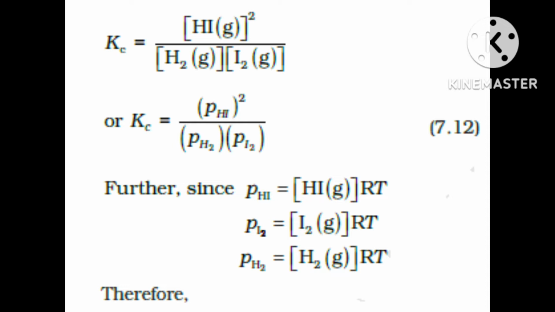Now if you want to write these concentrations in terms of pressure, then pressure is equal to CRT. It means you have to write the concentration of HI, H2 and I2, these three, in terms of pressure, only in this expression.